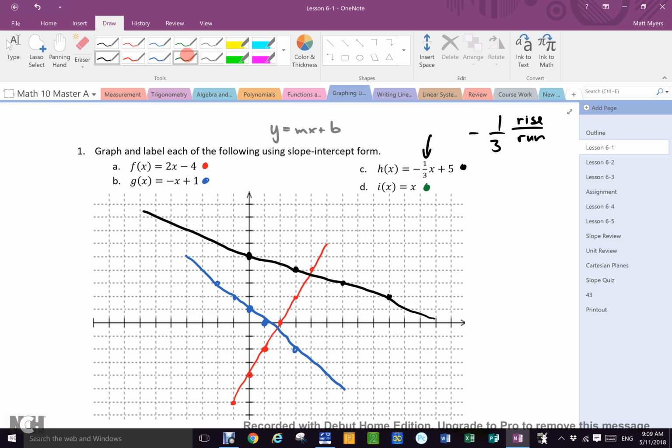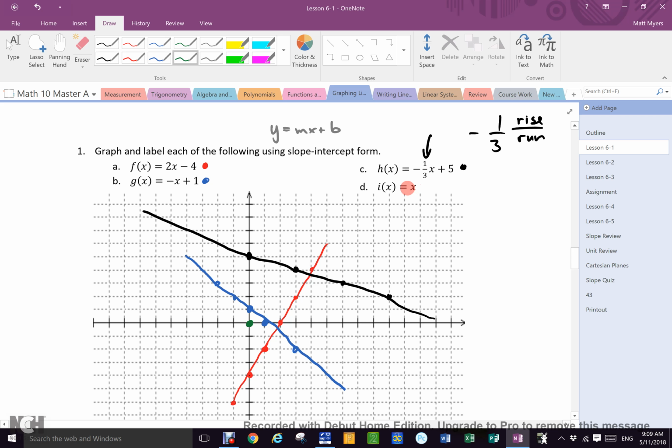Now, D is very tricky. There is no number out here for B, is there? What number is nothing? 0. So what is my y-intercept? 0. There's no number in front of x. What is the number we don't write for multiplying? 1.